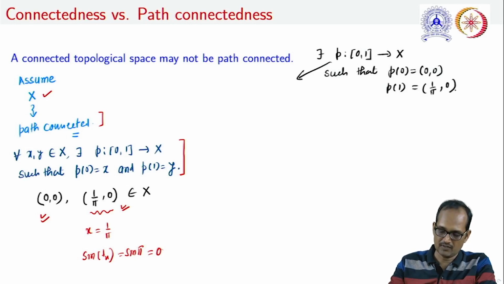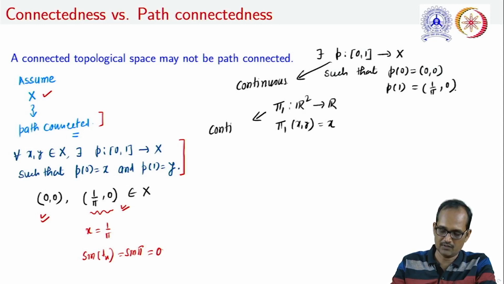Again, this function is continuous. We have already studied the concept of projection maps. Let π1 be the projection map from R2 to R, given by π1(x, y) = x. We know that this function is continuous.